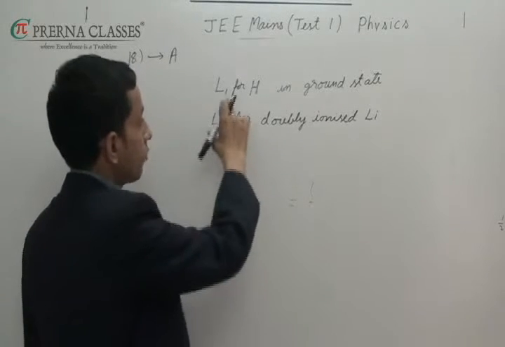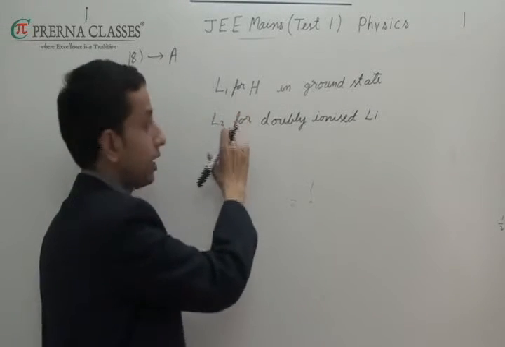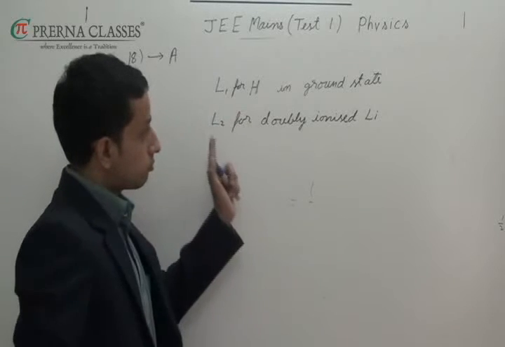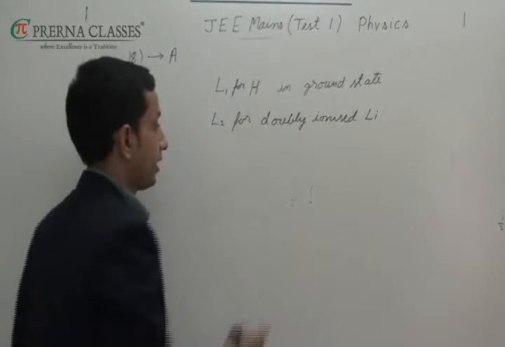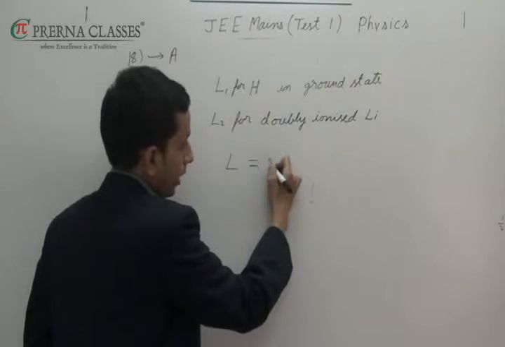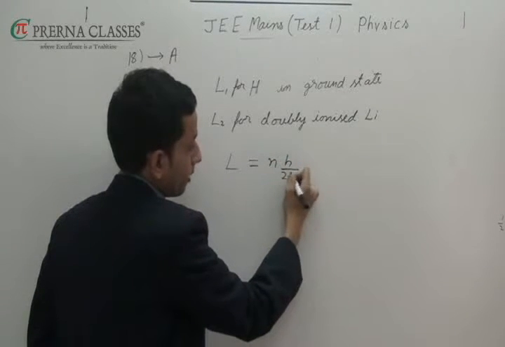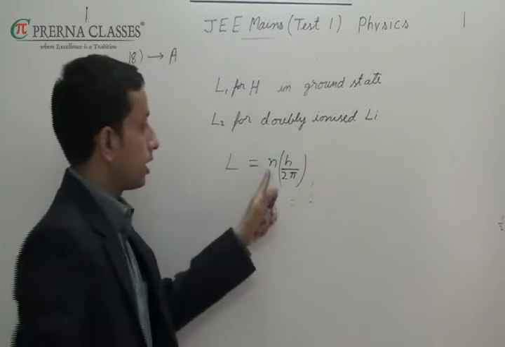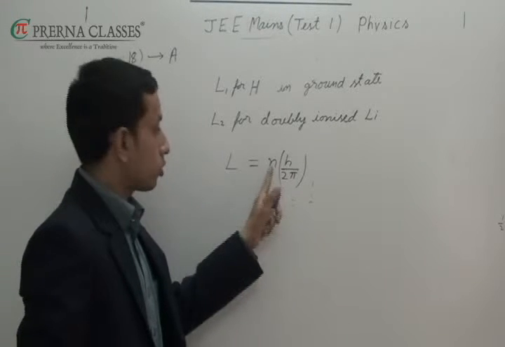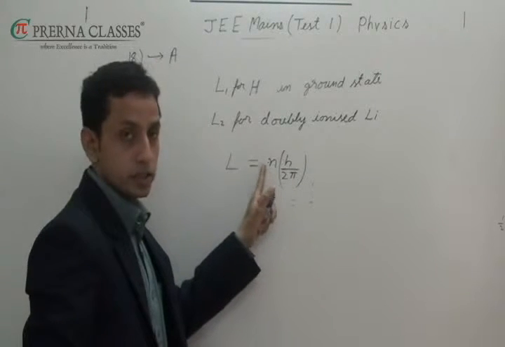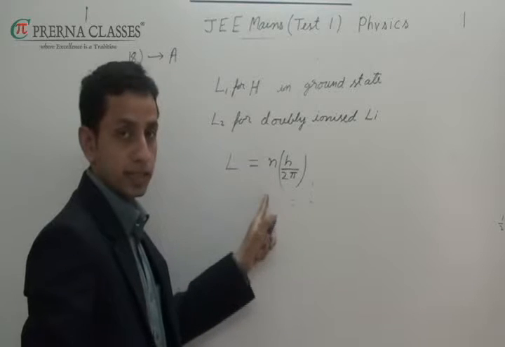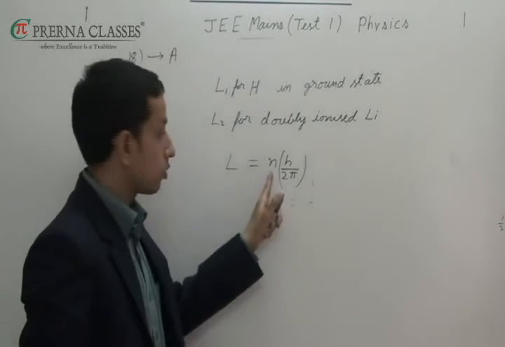So for this we have to find the relation between L1 and L2. So the angular momentum is nh by 2 pi, where n is the number of the orbit.